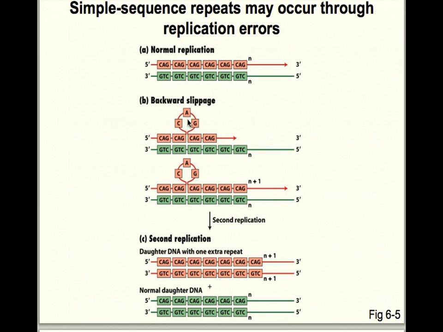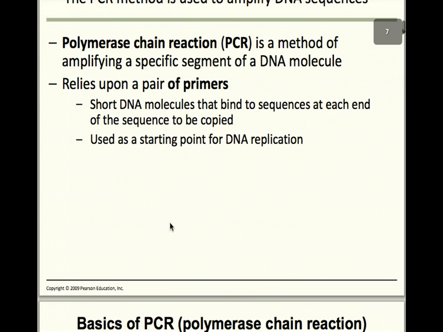So where this section of DNA slipped right here, that's going to become an additional repeat. And that increase in the length of the satellite will propagate as the chromosome gets replicated generation after generation. And so that's another way that satellites can grow.